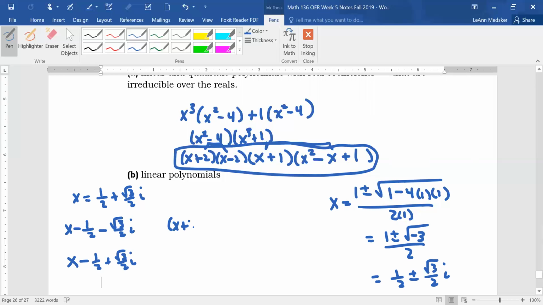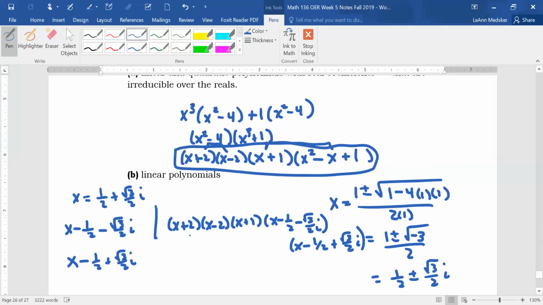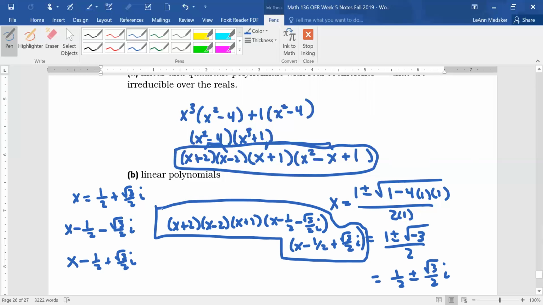So we have x plus 2, x minus 2, x plus 1, x minus 1/2 minus square root of 3 over 2 i, and x, running out of room, minus 1/2 plus square root of 3 over 2 i. So this is factored over the complex numbers instead of just real numbers.